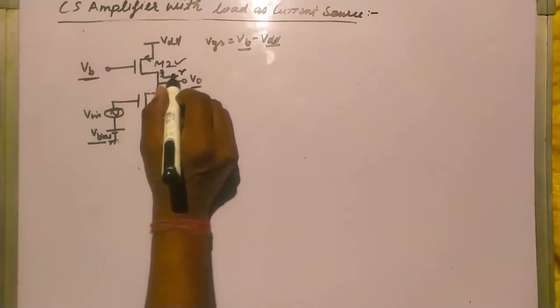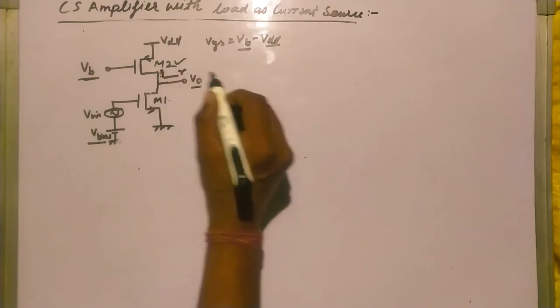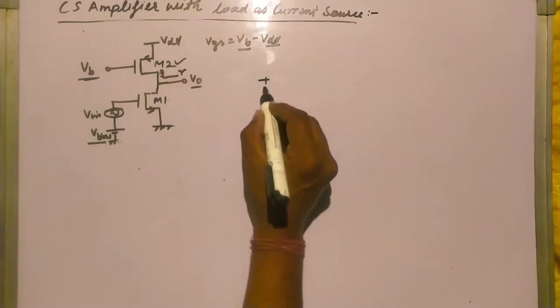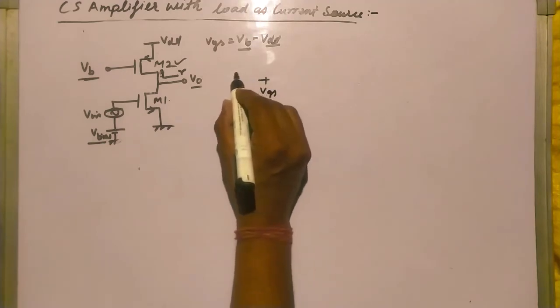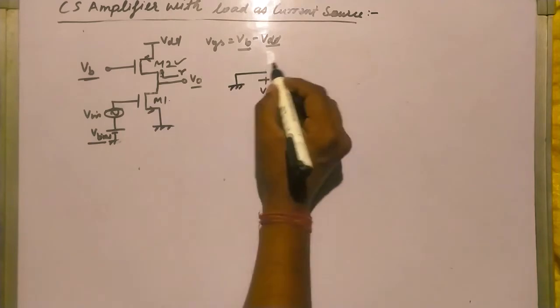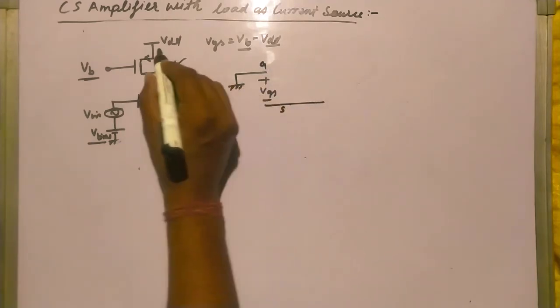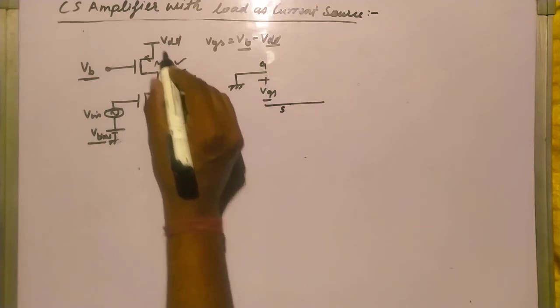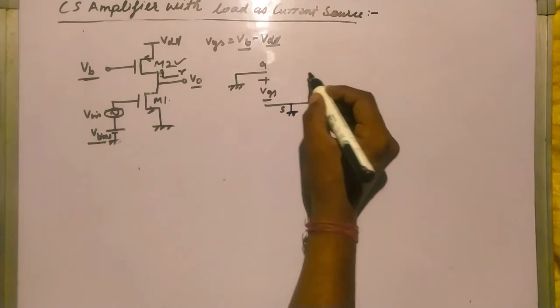So for that, let's make a small signal model for this PMOS M2. So this is plus minus VGS, and the gate terminal VG, this will become ground, and the source terminal is VDD, so it will become ground, and at the drain terminal is V0.